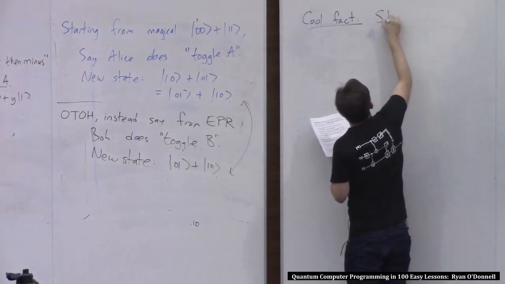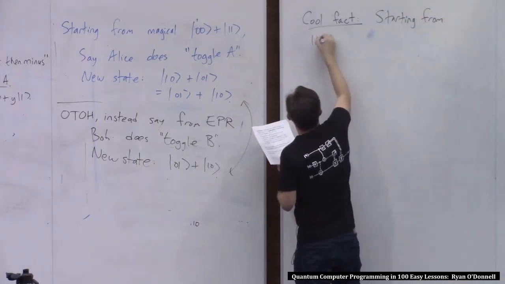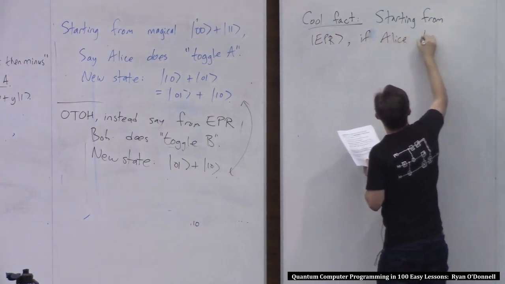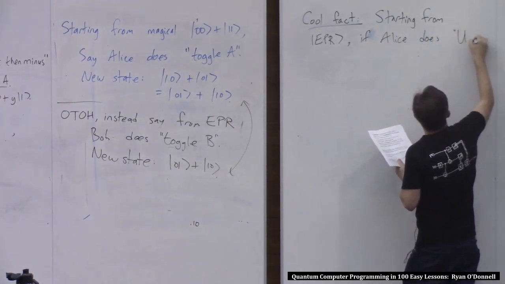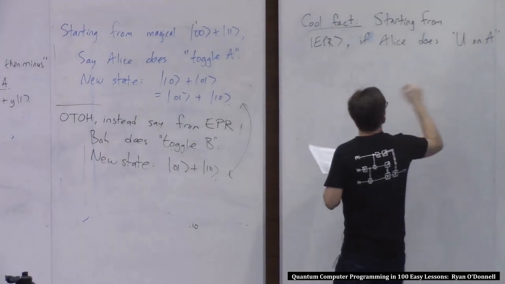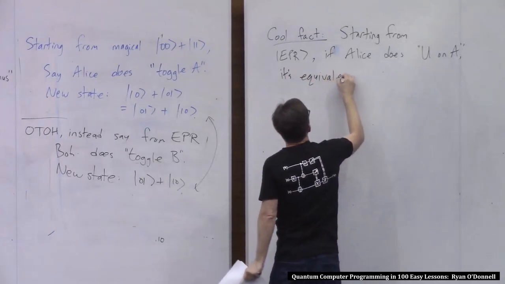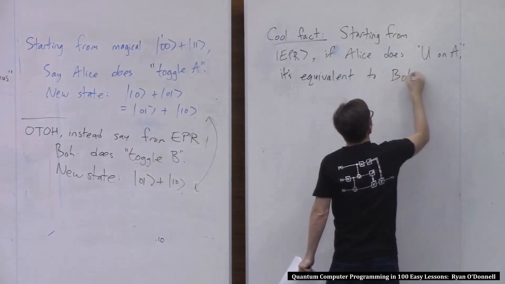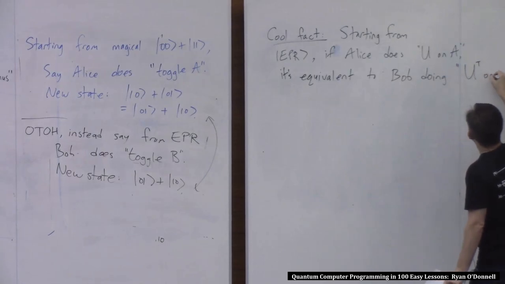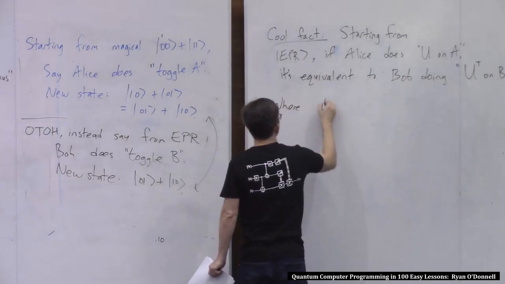Okay, so starting from EPR, if Alice does U on A, where U could be any unitary, rotate 30 degrees, it's equivalent to Bob doing U transpose on B. And I'll remind you, what is U transpose?